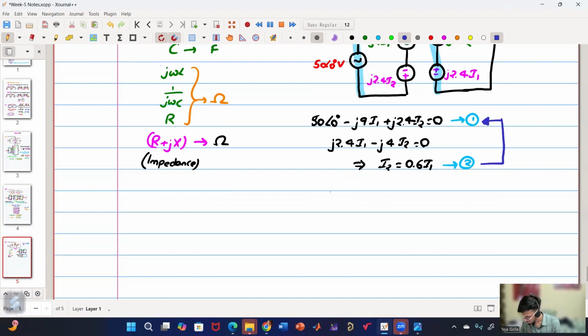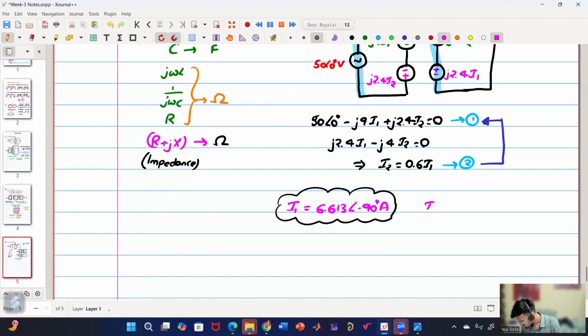If you solve, you will get I1 as 6.613 angle minus 90 degrees ampere. Then I2 is 0.6 of that, which is 3.968 angle minus 90 degrees ampere.